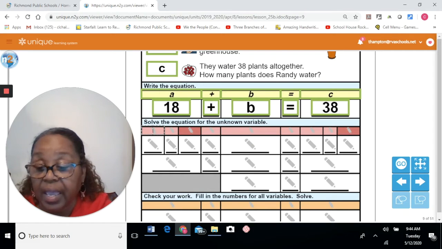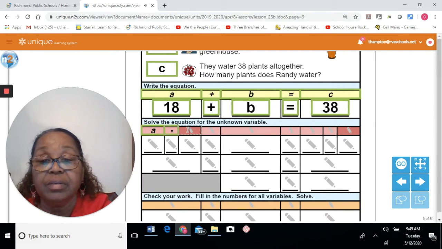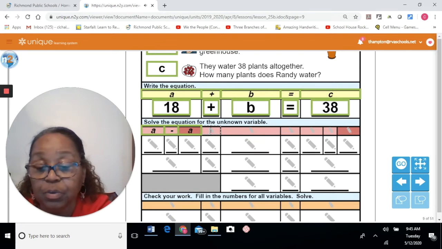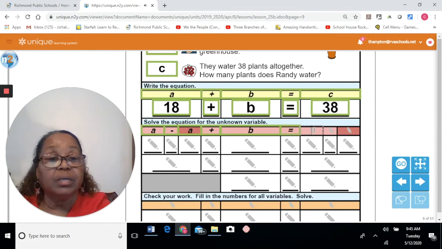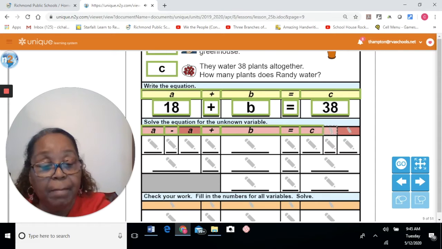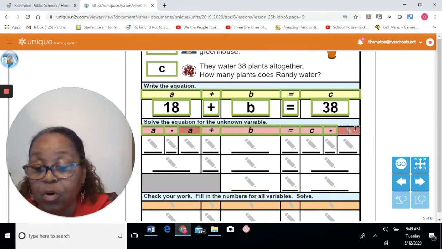So we've got A, and that would be minus A. We're trying to get rid of A. Plus B will equal C minus A, because we have to subtract the same thing on both sides.